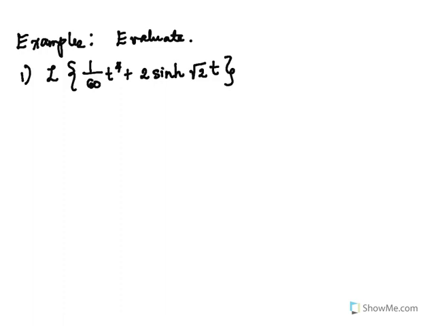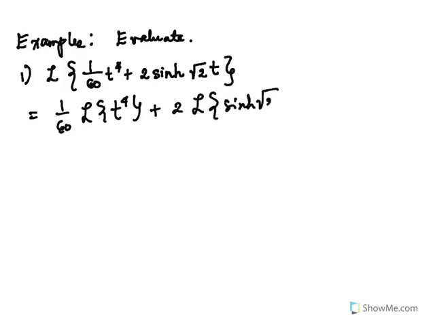So using the linearity property, we can rewrite this first as 1 over 60 Laplace transform of t to the fourth plus 2 Laplace transform of sinh square root of 2t.